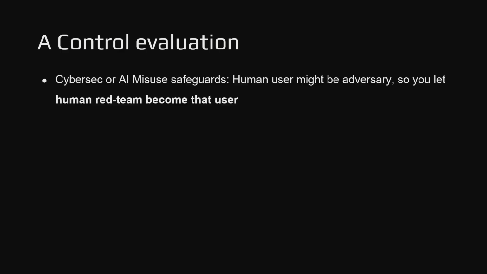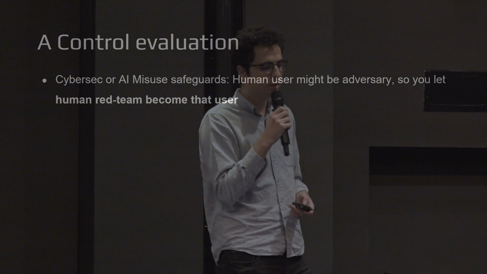Well, let's look at other industries. In CyberSec, or also recently in AI misuse safeguards, since we're worried about the human user being an adversary, we just hire a red team to play the role of that human adversary, and they stress our security measures.